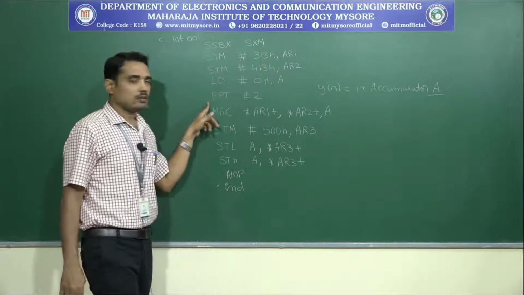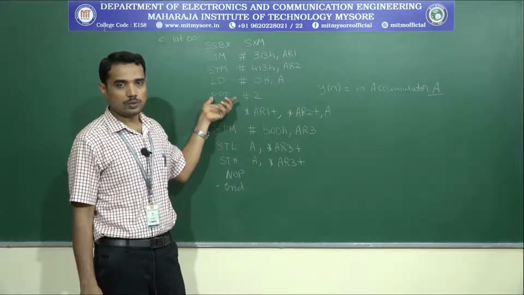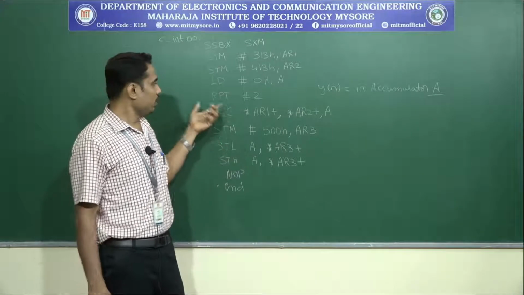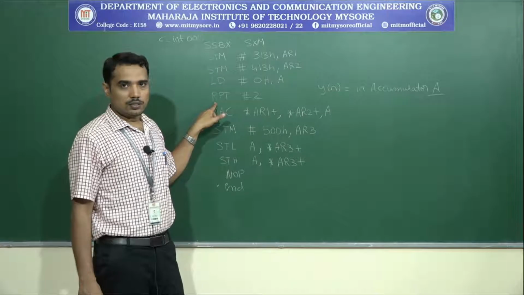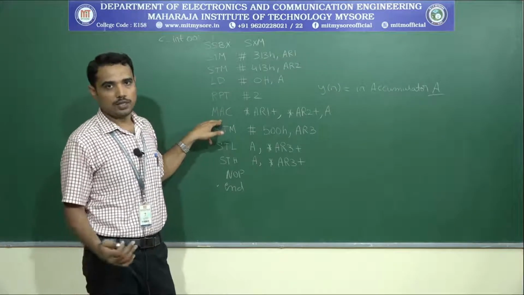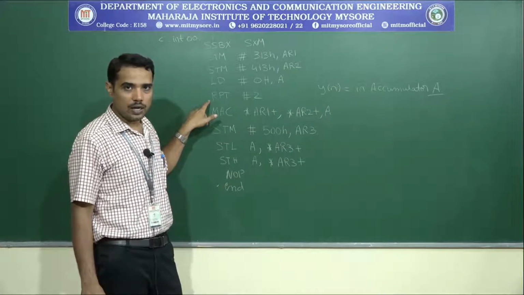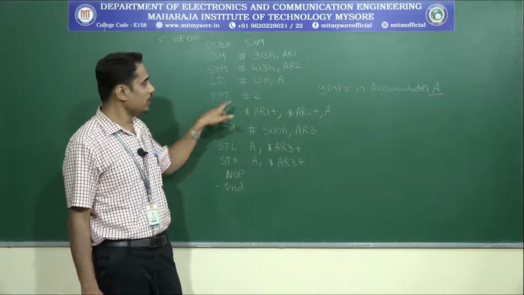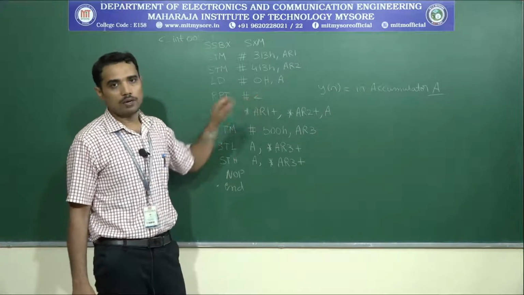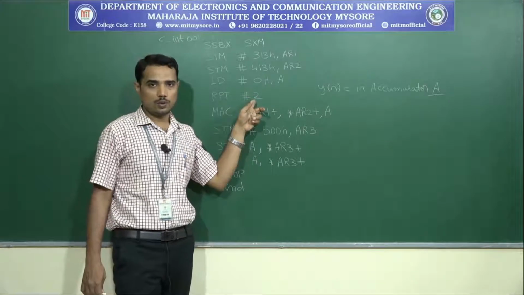Next, we know that the repeat instruction is used to simplify the program. The repeat instruction will be used prior to the MAC instruction or any other instruction, indicating that the following instruction of the RPT will be executed n plus 1 number of times. Here, what is the value of n? n is equal to 2.